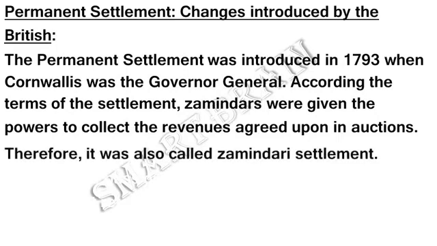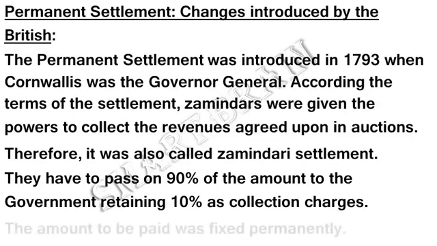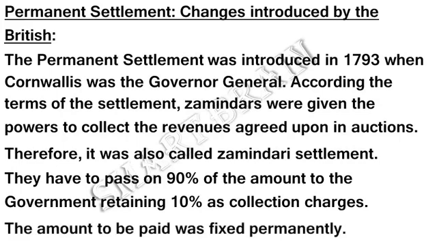Therefore, it was also called zamindari settlement. They had to pass on 90% of the amount to the government, retaining 10% as collection charges. The amount to be paid was fixed permanently.